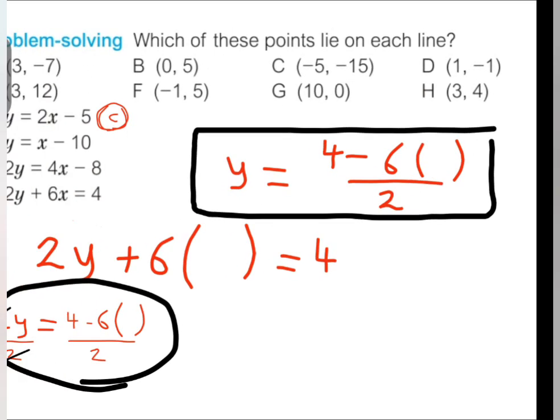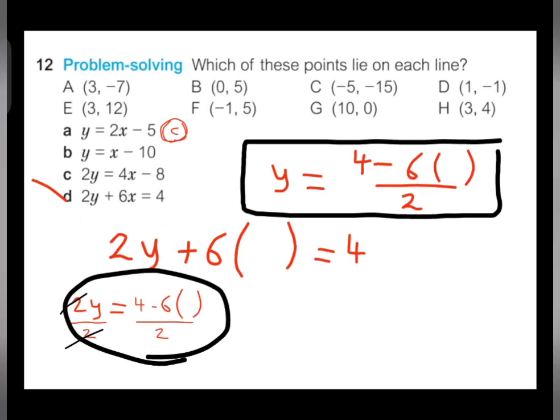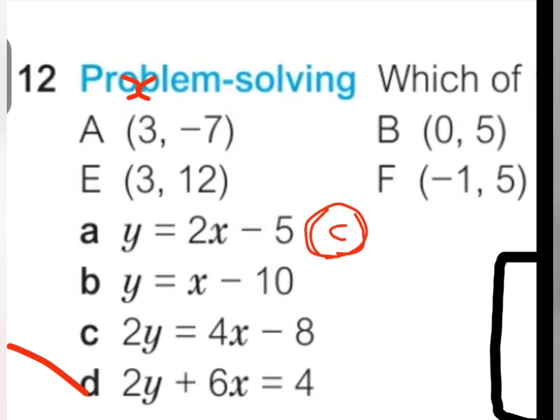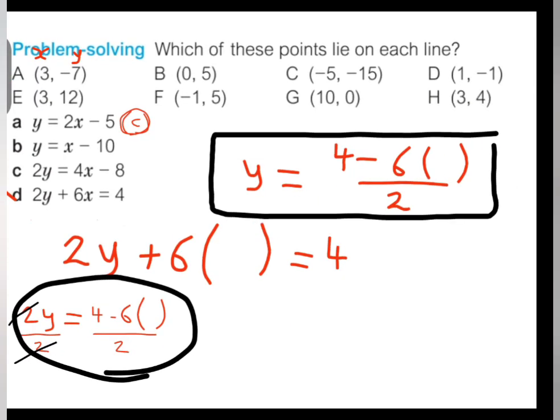Now, as I said, there's supposed to be an x here. I removed it so I can work with numbers. Now, let's take a look at the first point here, point A, and let's check if it's on the line D or not. First thing we do, as I said, this is the x and this is the y. So we take the x and put it instead of the x here in the bracket.